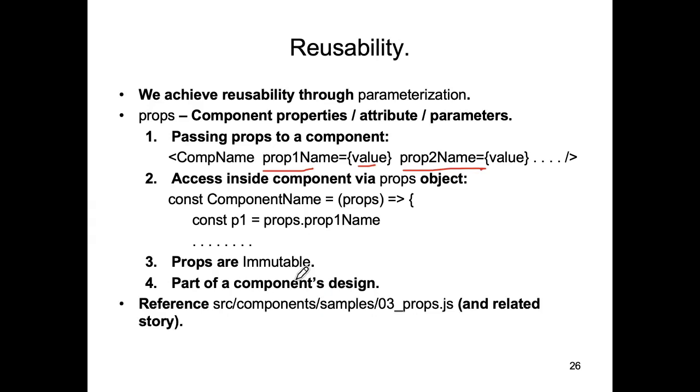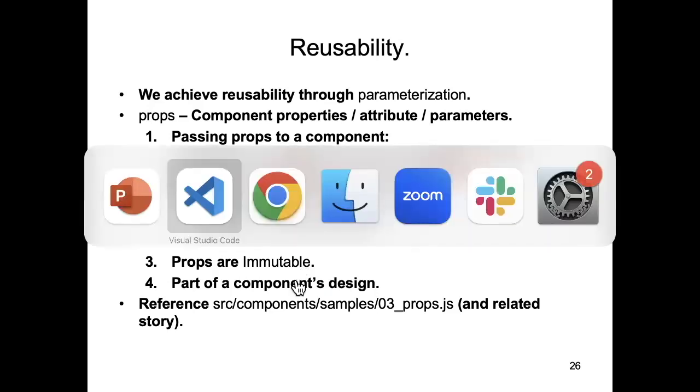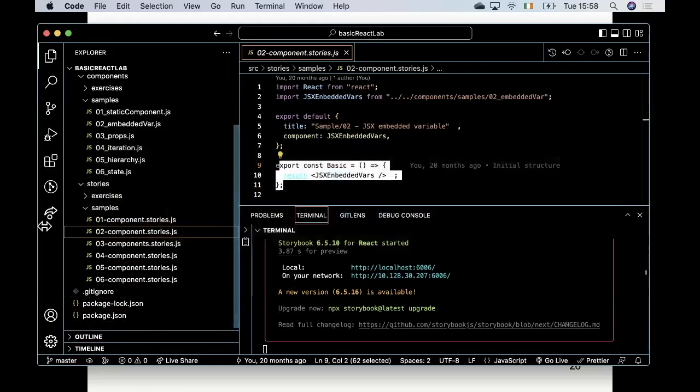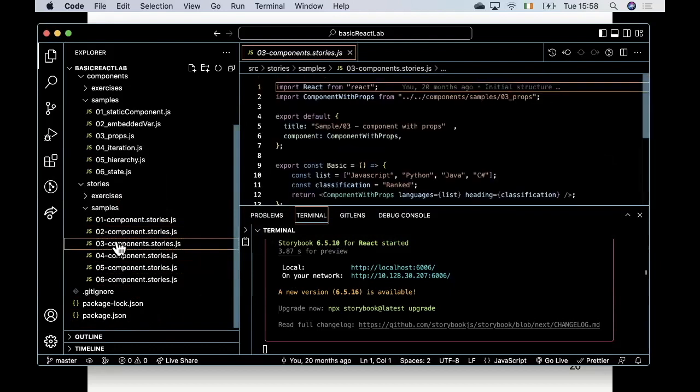So we have an example of props being used in the 0-3 sequence. And if I look at in this case, if I look at the story first, it's the same kind of dynamic languages component that I'm using now, though I have a different implementation, obviously, because this implementation is expecting props.